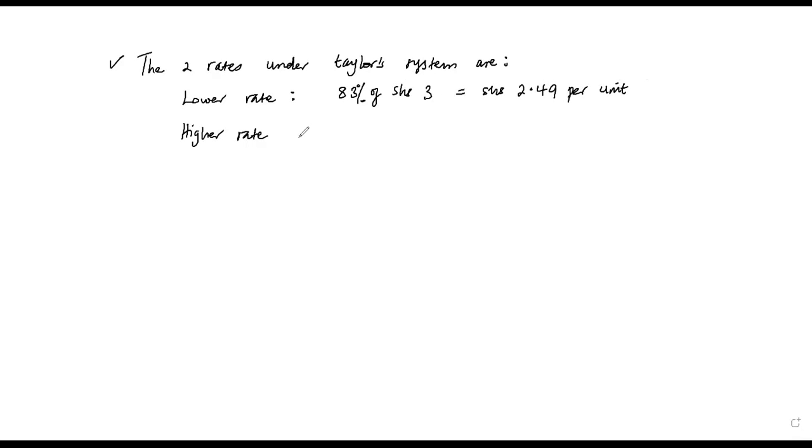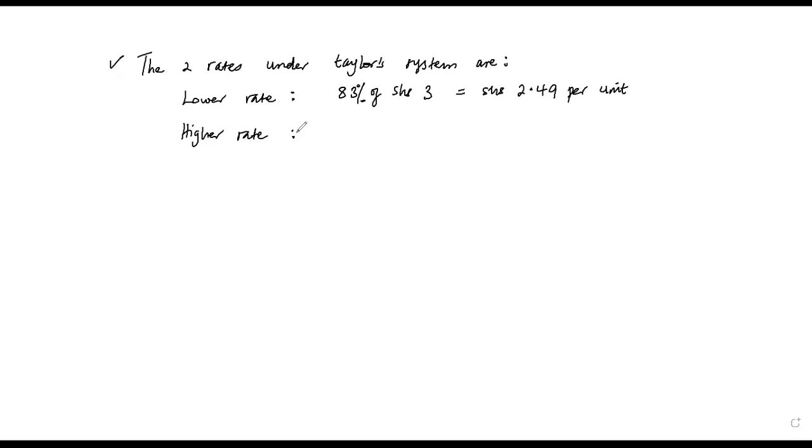Then for the higher rate, Taylor recommends that these workers who are efficient, of course, should be paid using the higher rate. When we are computing the higher rate, we use 175%. Why?